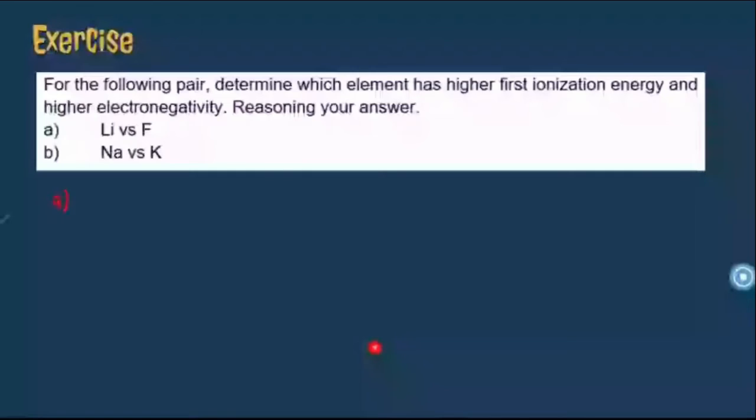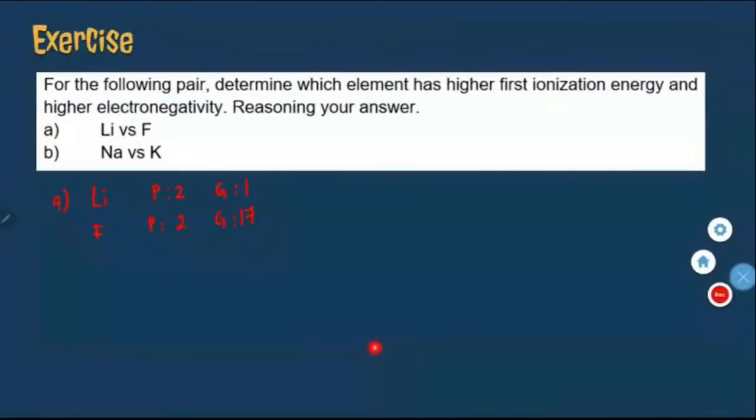Do you know the period and group for lithium and fluorine? Lithium is period 2, group 1. Fluorine is period 2, group 17.